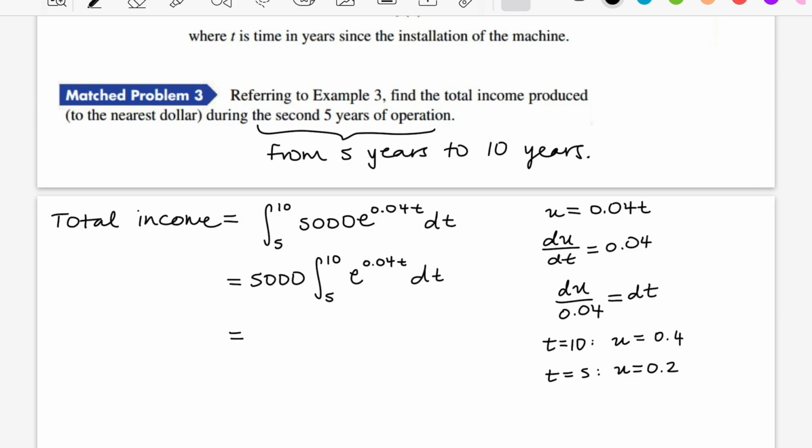So rewriting this, we still have this 5,000 out front. Our lower limit of integration is 0.2 and our upper is 0.4. And then we have e to the u du over 0.04, since dt is equal to du over 0.04.